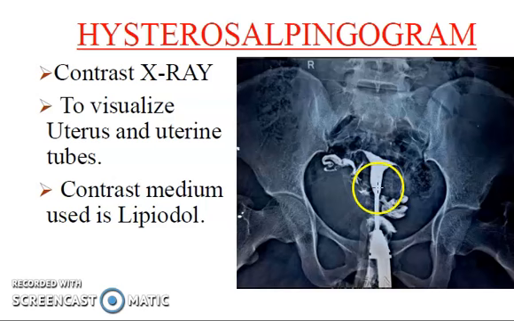In this skiagram, we are going to look for the size of the uterus, the shape of the uterus, then we are going to study the fallopian tubes and their spillage into the peritoneal cavity, which tells us about the patency. This study helps us to determine the anomalies of the female genital tract, which can also be studied by means of ultrasonography, but for patency mainly hysterosalpingography is done.